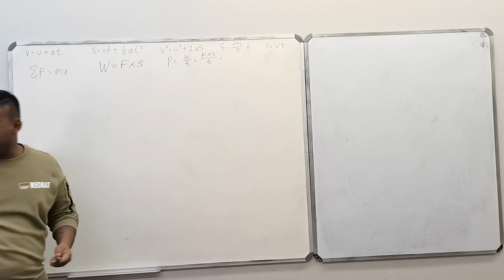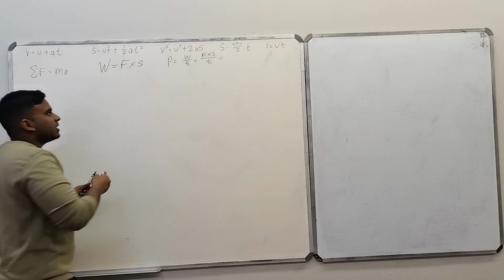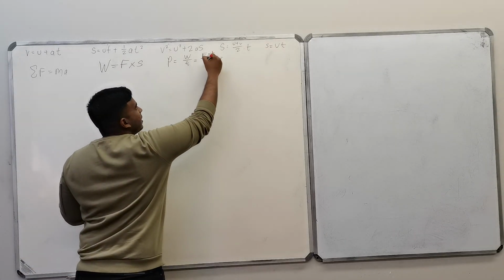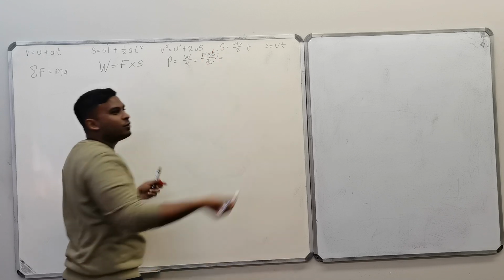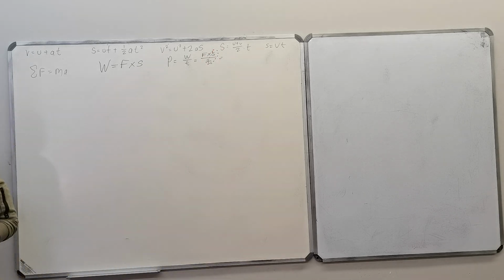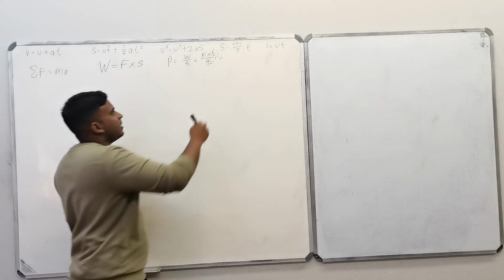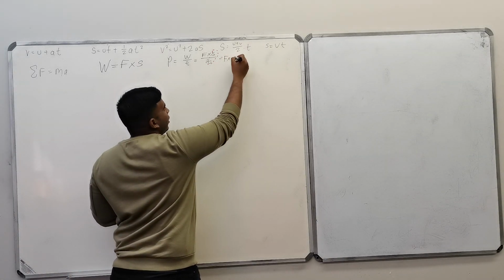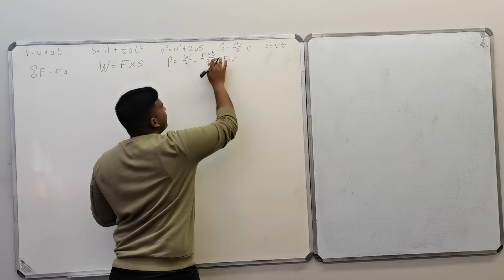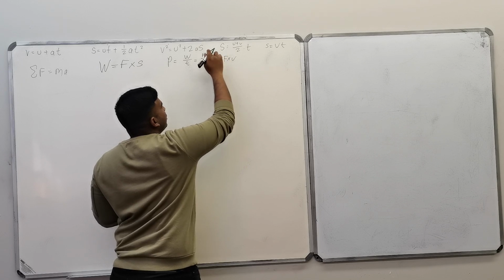How did they get force times velocity? If you look at this part of the formula, distance over time is what? S is distance. Distance over time is velocity, meters per second. That's how they got F times velocity. But I don't think you'll use that one much. You'll use the work done over time.